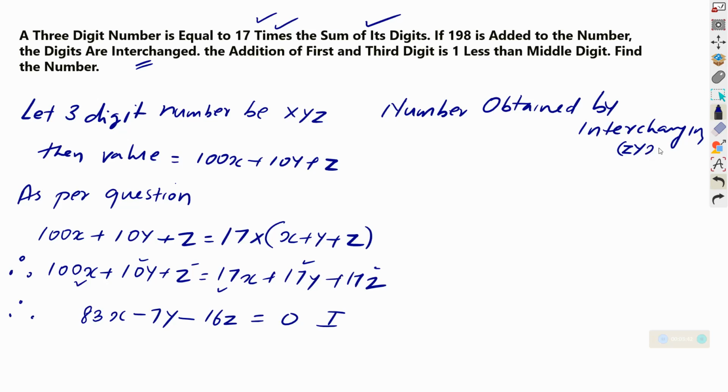Correct? And if I think of its value, it will be 100z plus 10y, same way, and x. This will be the value of it.